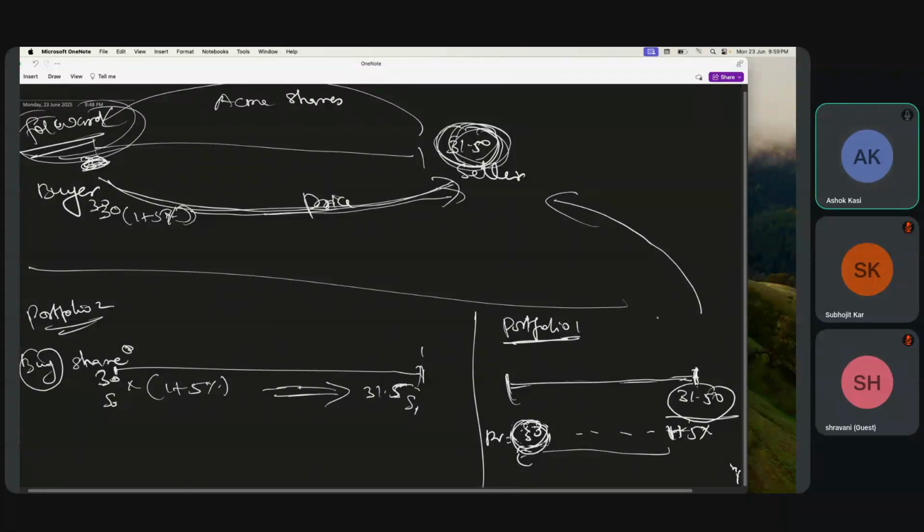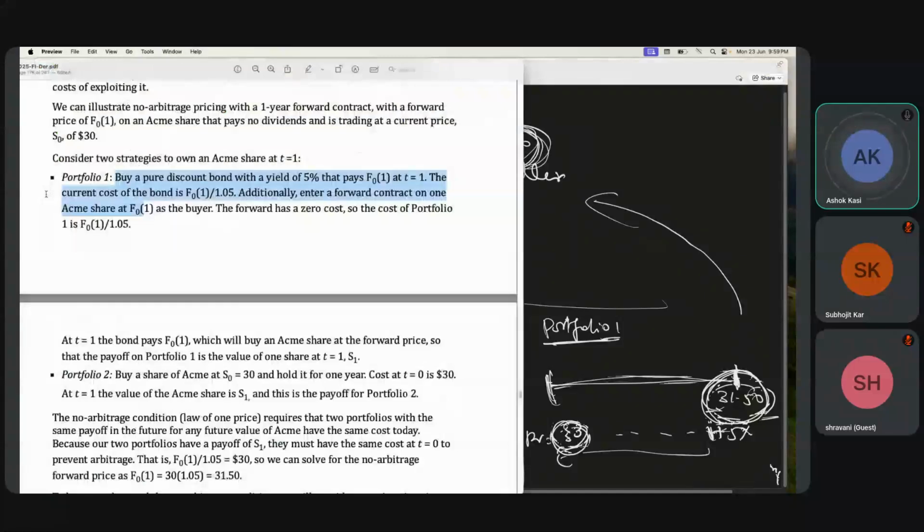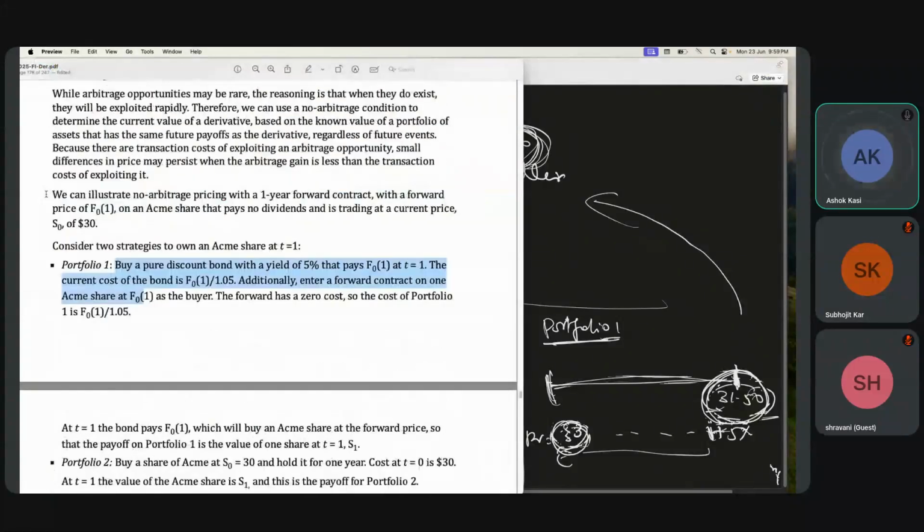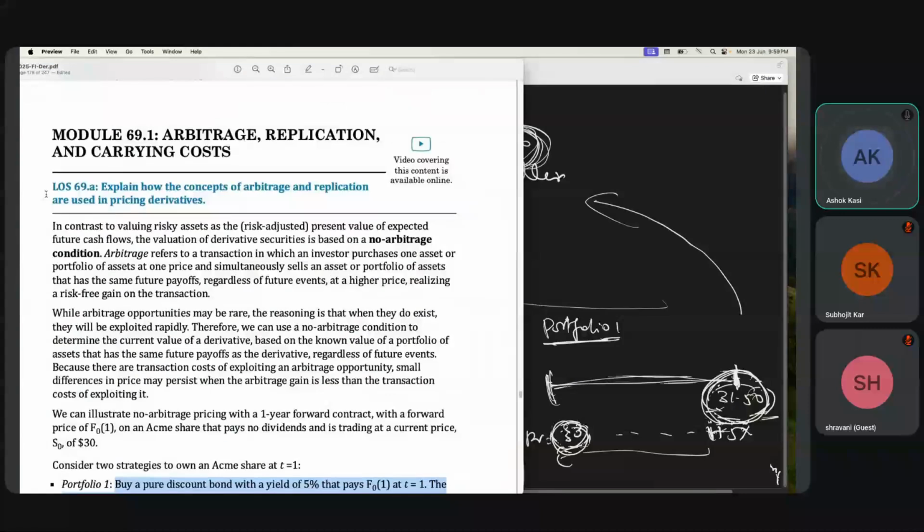So after 1 year you will get 31.5, and since you have already entered into your forward contract, you will pay 31.5 from this money and you will get back the share. So all these transactions will reach 31.50. That's why this is called replication. You can replicate in all these different ways.